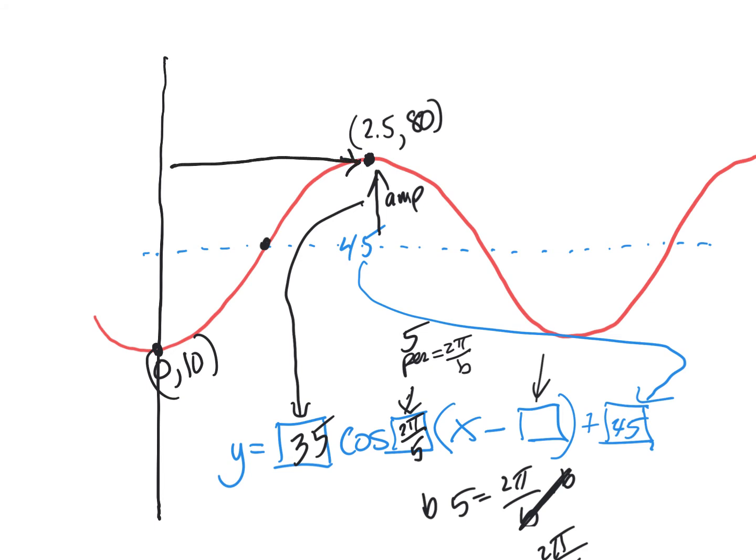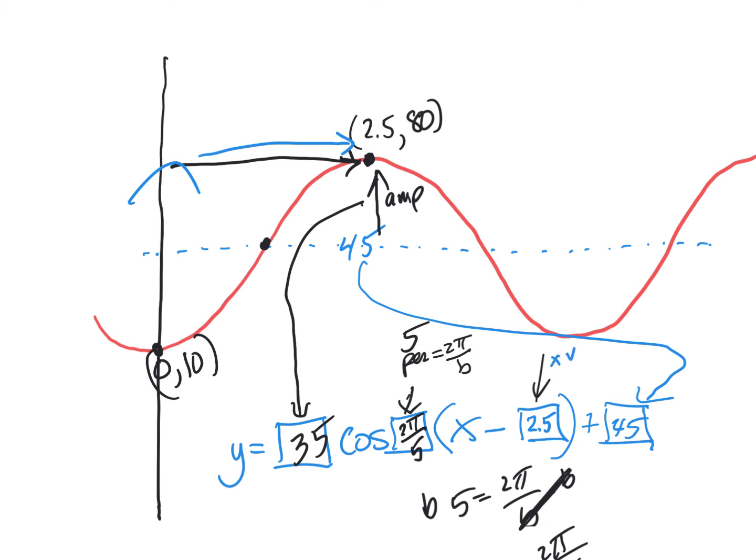All we have to know is how far over was cosine shifted. See, normal cosine peaks right here. This one peaks over there. So it's been shifted 2.5 to the right. So 2.5 goes right there. This will always be, and write this down, this is a good one.